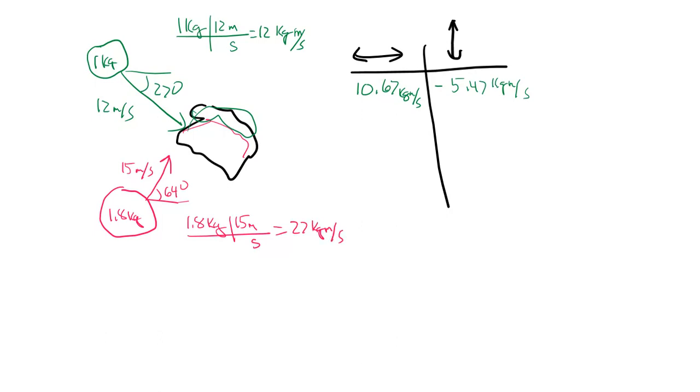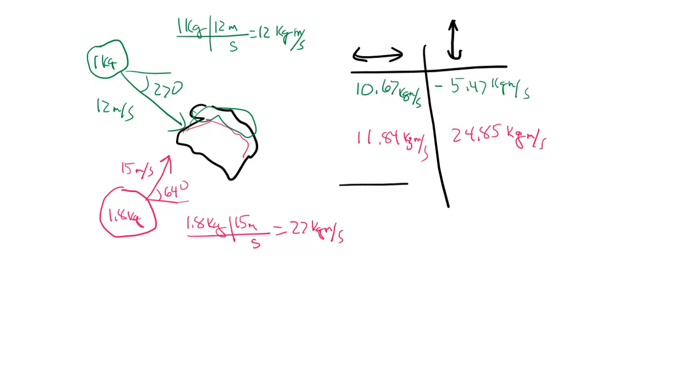Now I can break it up again, so it's going to be 27 times the cosine of 64, and it's to the right, so I'm going to make that positive, 11.84 kilogram meters per second. And then it is 27 times the sine of 64. That works out to be 24.85 kilogram meters per second, and that's going to be positive because it's going up.